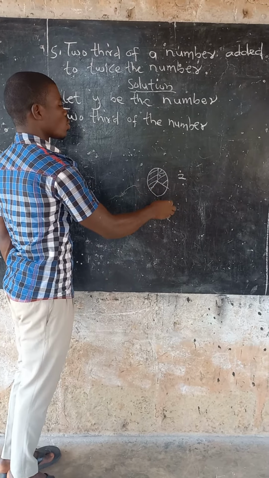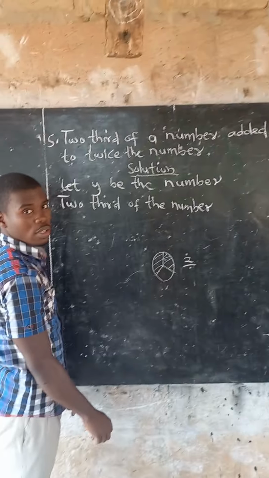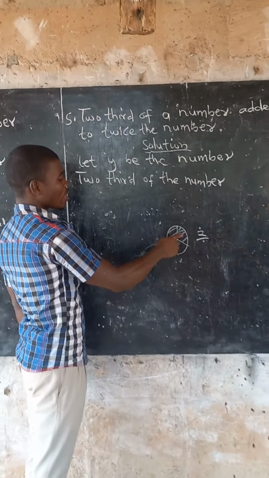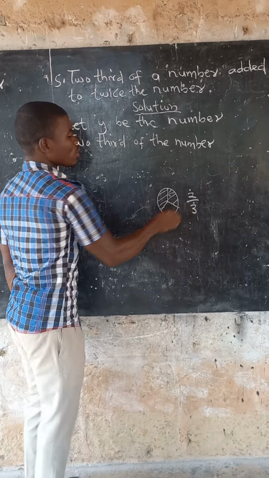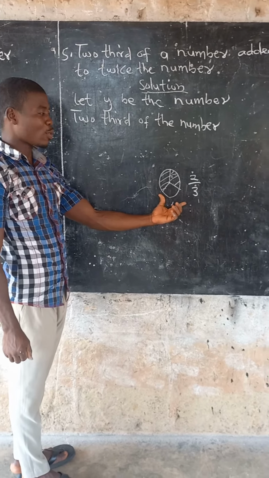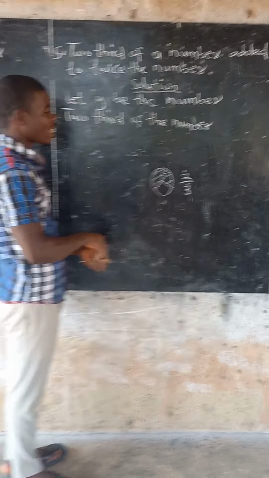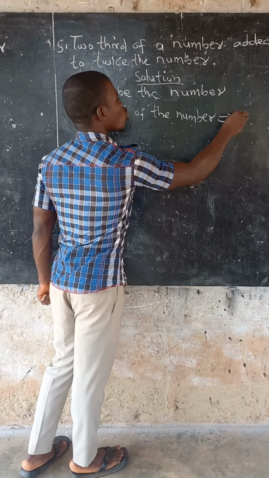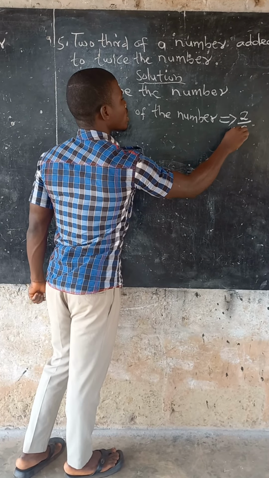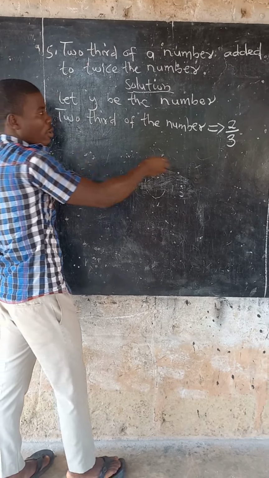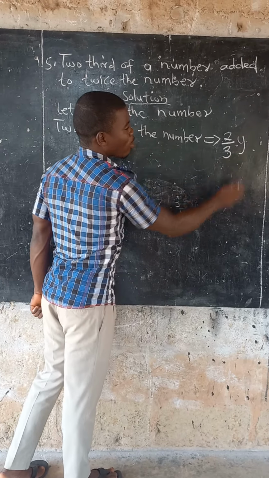So you write your 2 over 3. So this becomes 2/3 of the circle. So the question is saying 2/3 of a number. We said let y be the number. So you multiply 2/3 by y.